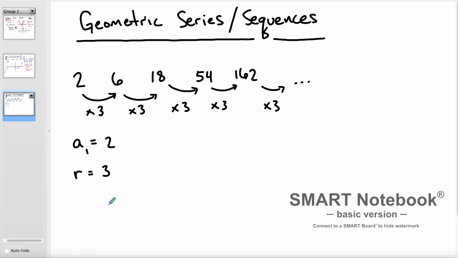That's our geometric ratio. And sometimes we have N. This just tells us how many terms, right? Of course, we could continue this series to infinity, right? We don't have to stop this. And so in that case, N could equal infinity, right?